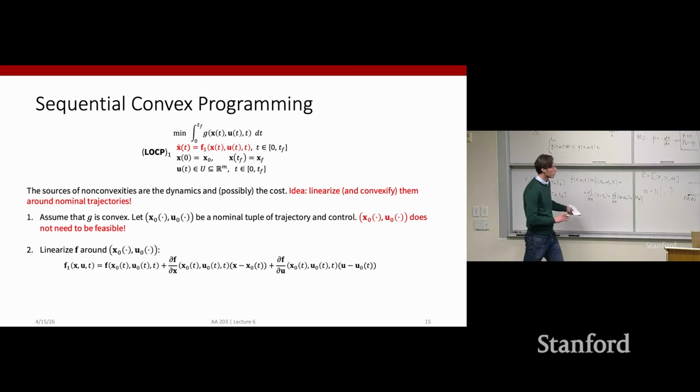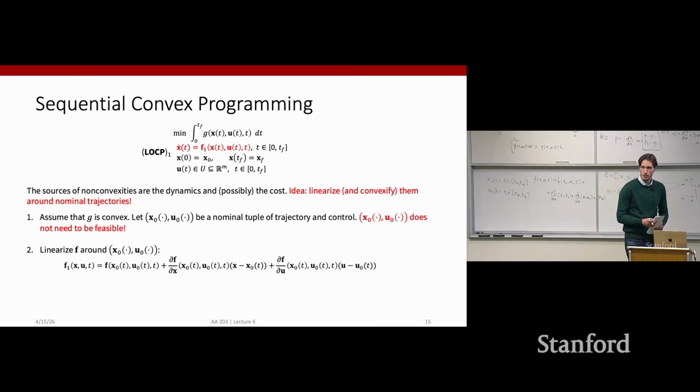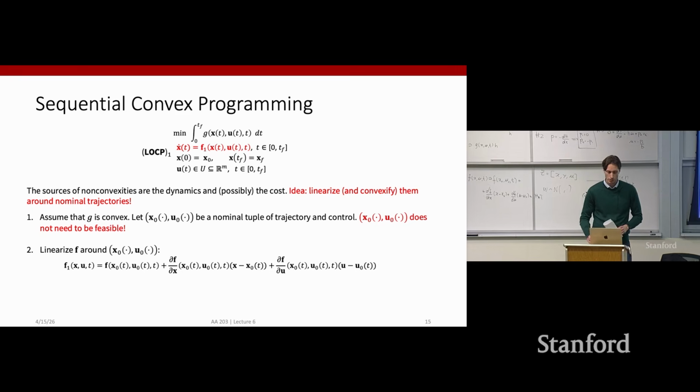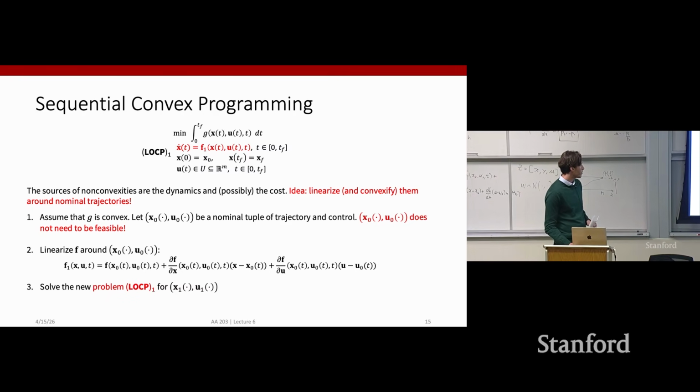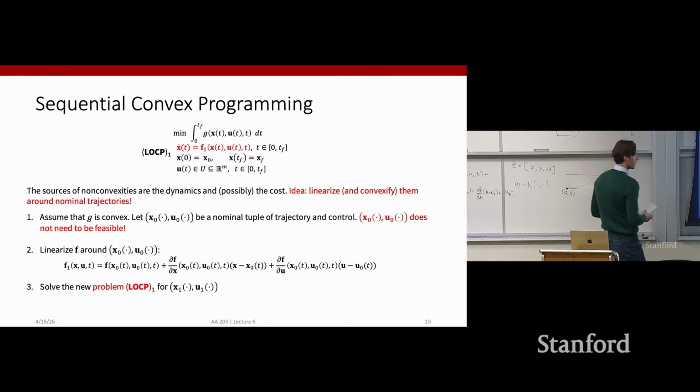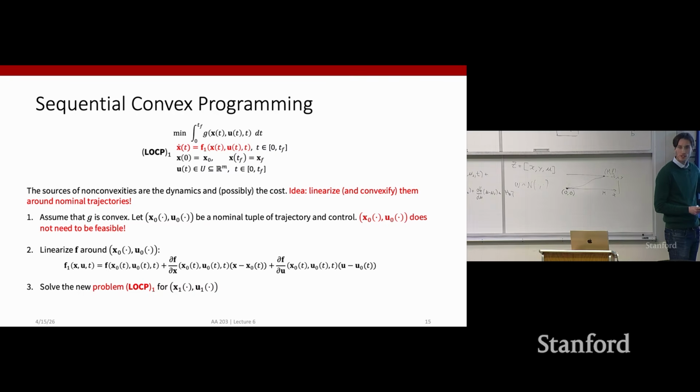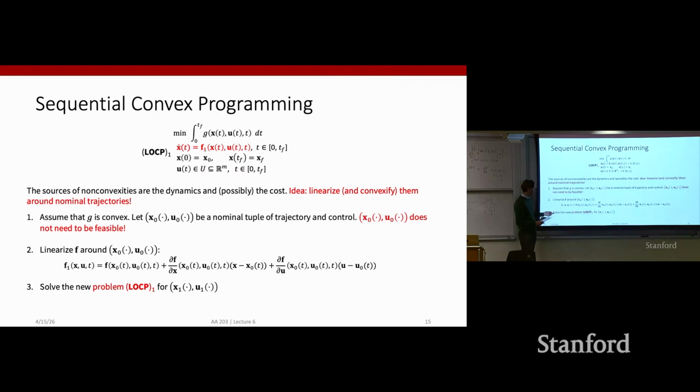Okay, and so here what we did is we basically linearized the dynamics around the nominal trajectory. And so basically what we get is that now G is convex, and we have now linear dynamics. And so we get a new problem, which is now convex.